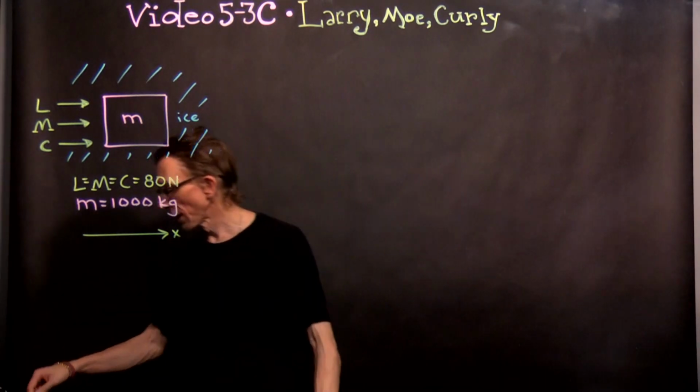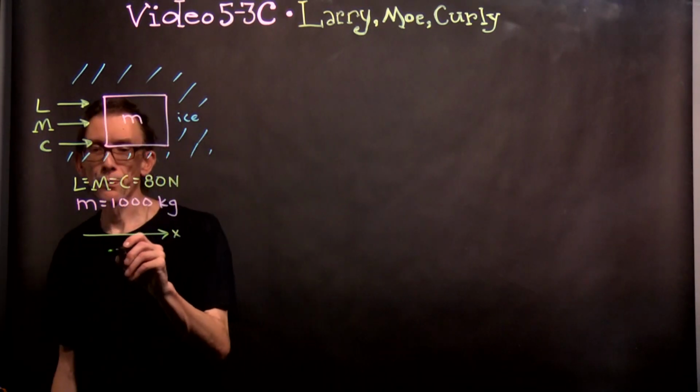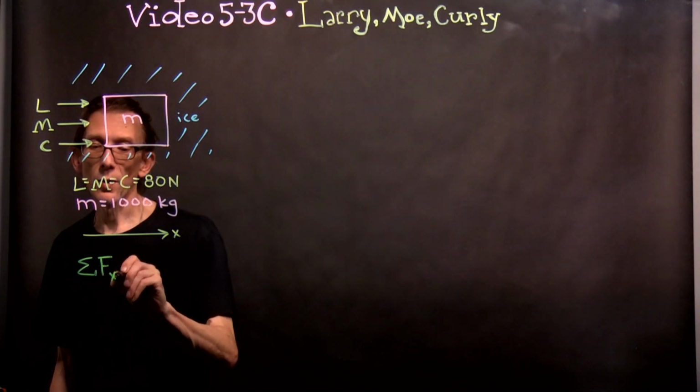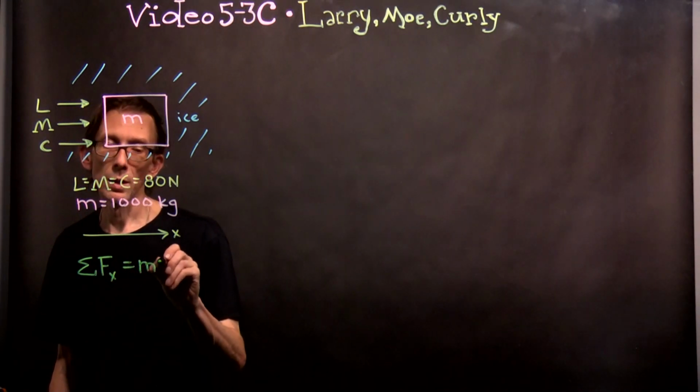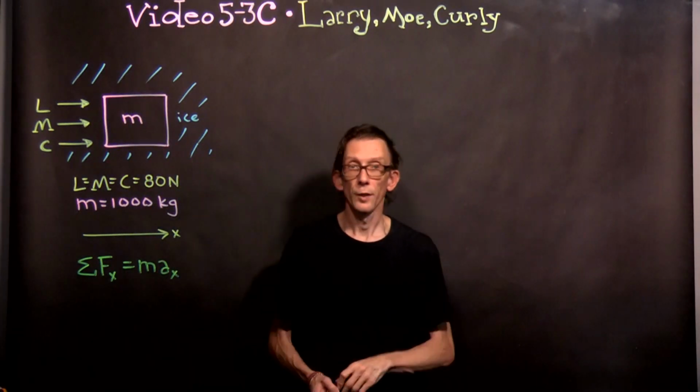Okay, so all we have to think about for Newton's second law here is the sum of the forces in the X direction is M times A in the X direction.